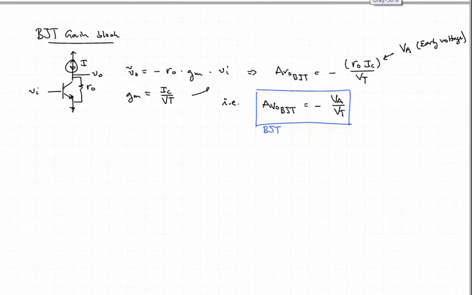For modern IC fabrication, VA is in the range of 5 to, what is this, 5 to 125 volts?